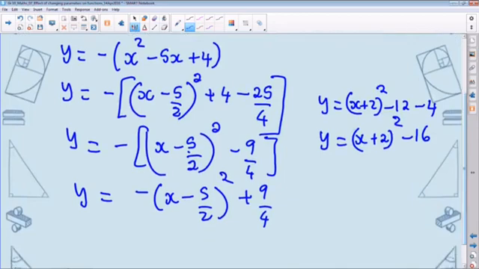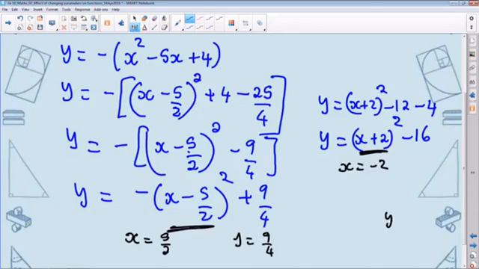Okay, guys, what I want you to do is you look at this turning point, what's happening. The turning point for this one is x = 5/2, and the turning point of this is x = −2. You compare the two x turning points, and then your y is 9/4, and then this side is y = −16.